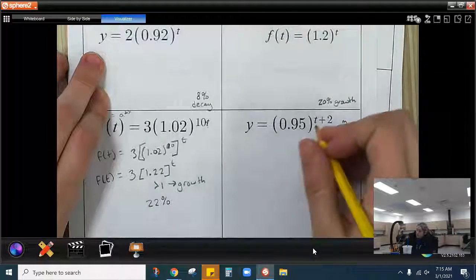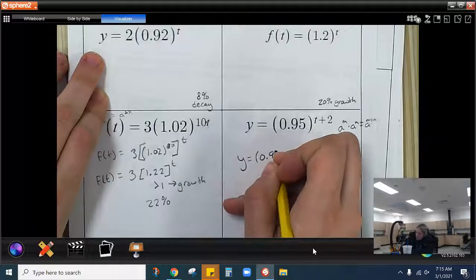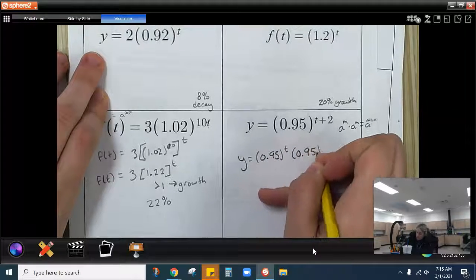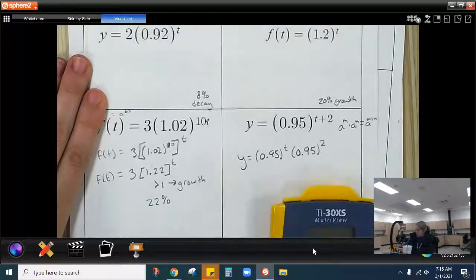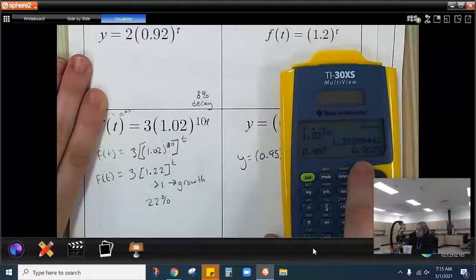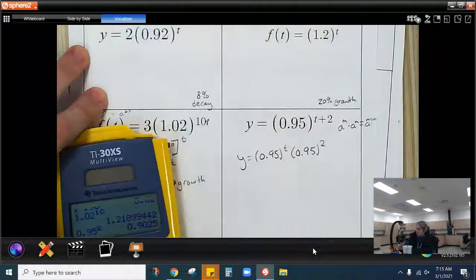So that adding right there tells me that what I really had when I rewrite this was 0.95 to the t times 0.95 squared. Well, 0.95 squared is 0.9025. I've only got 2 decimal places though, so I'm just going with 0.90.